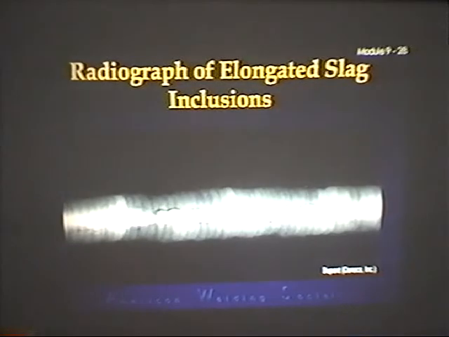This is an X-ray of elongated slag inclusions. These are called wagon tracks. You see this in pipeline welding sometimes, where they've trapped slag on either side of the root bead. And if you look at this X-ray, where it's the darkest, the weld is the thickest.